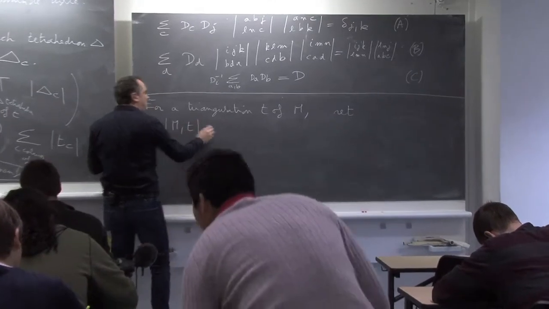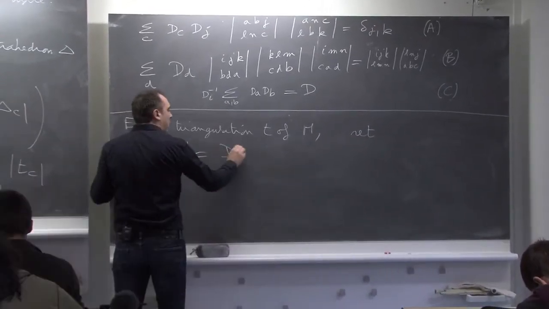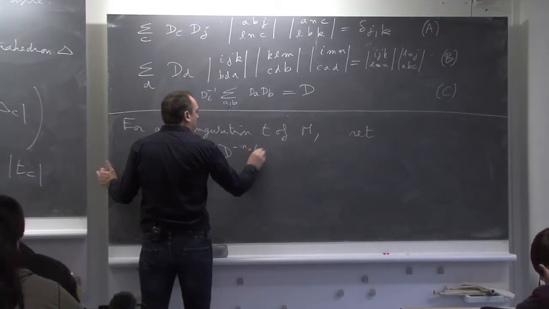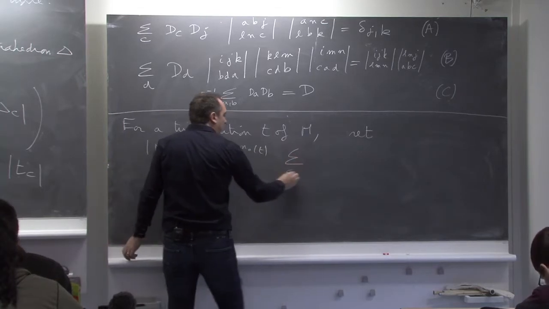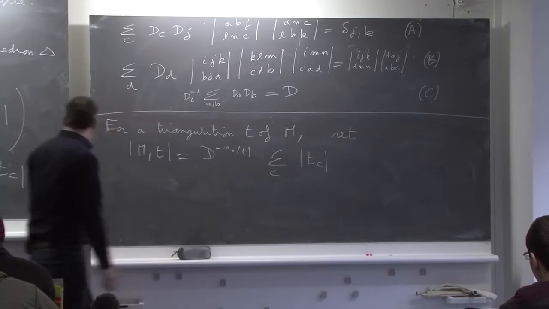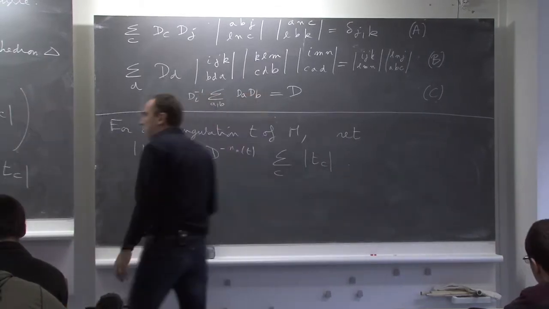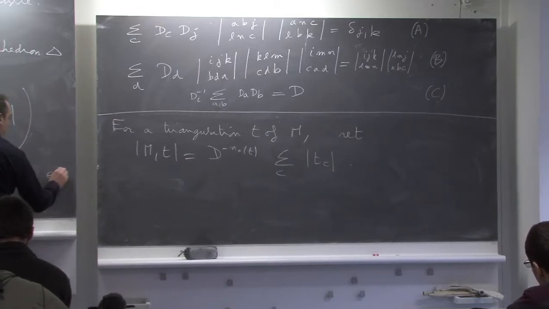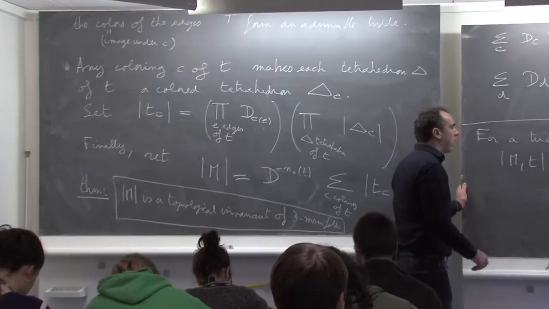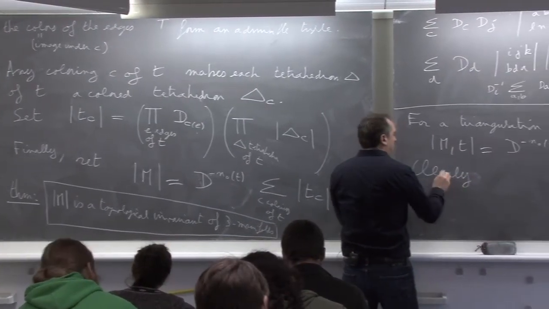We add T in the notation: D to the minus N0 of T, the sum over C, T C. This sum is an element of the ring. Okay. So what do we have? The following is evident.